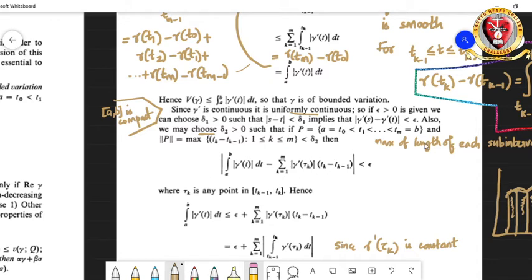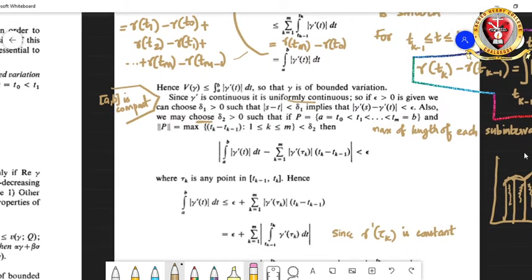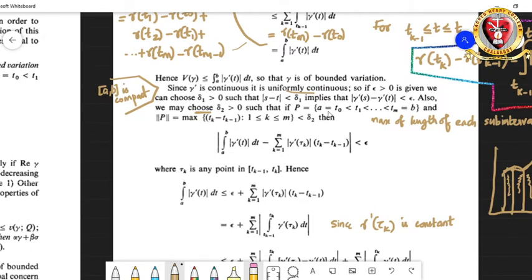Then, we are making the partition like that, knowing that the integral from a to b of modulus of gamma dash of t dt is nothing but the area of the region under the function.